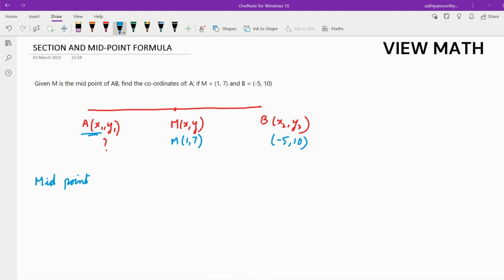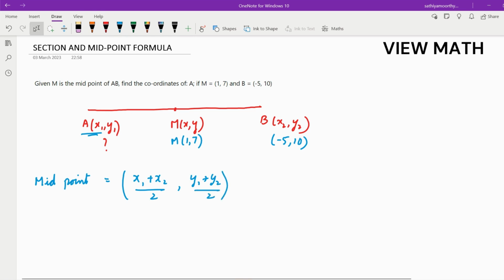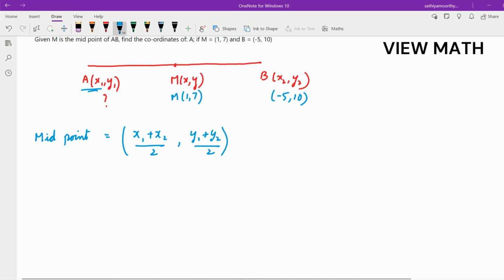If you know the midpoint formula, (x1 plus x2)/2, (y1 plus y2)/2, this is enough. Whatever values I know, I'm going to substitute in this to find the remaining ones. The midpoint they have given in the question is (1, 7).